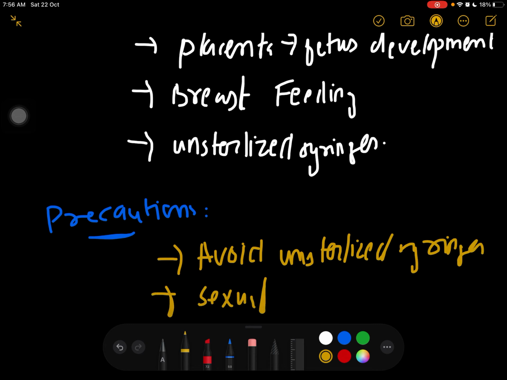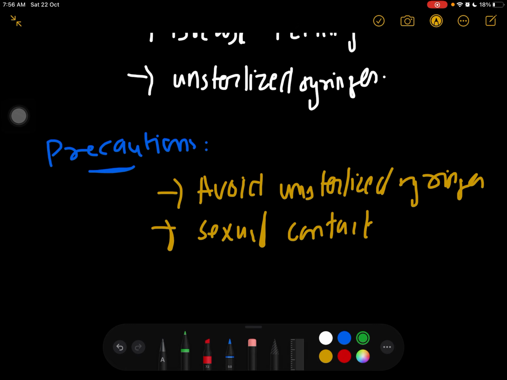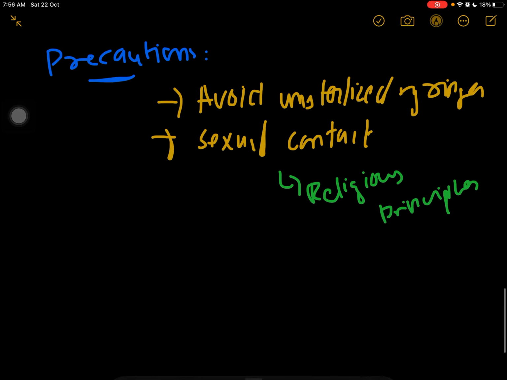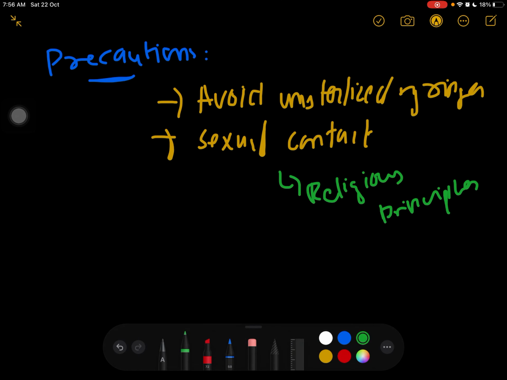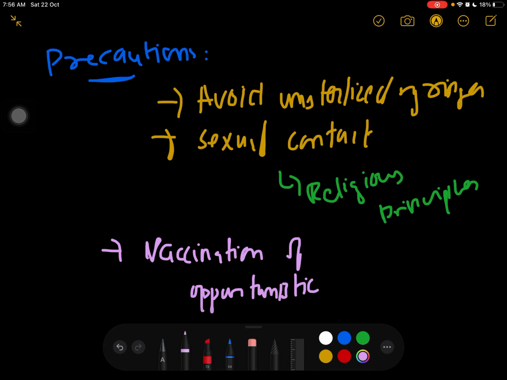They should avoid sexual contact with different people, and should follow the principles of their religion. And they must get vaccinated against opportunistic infections.